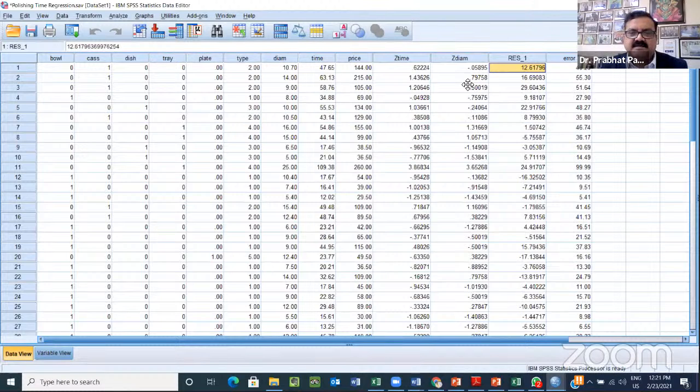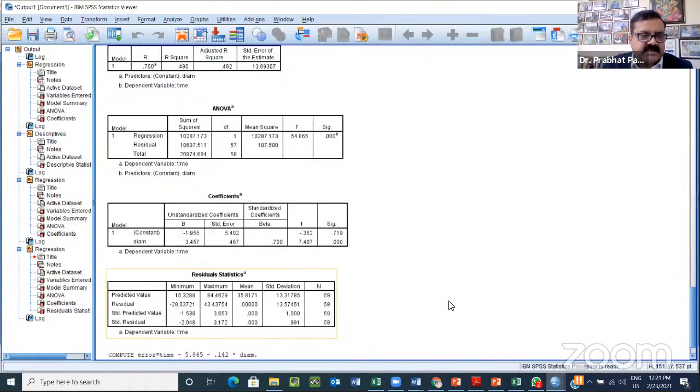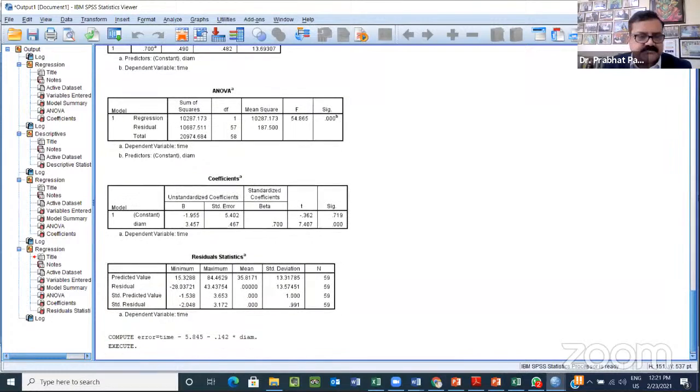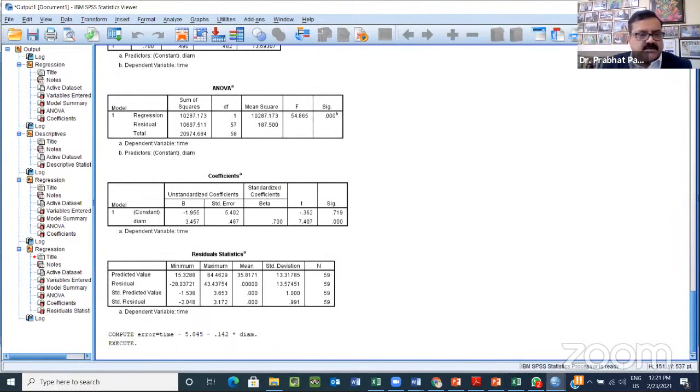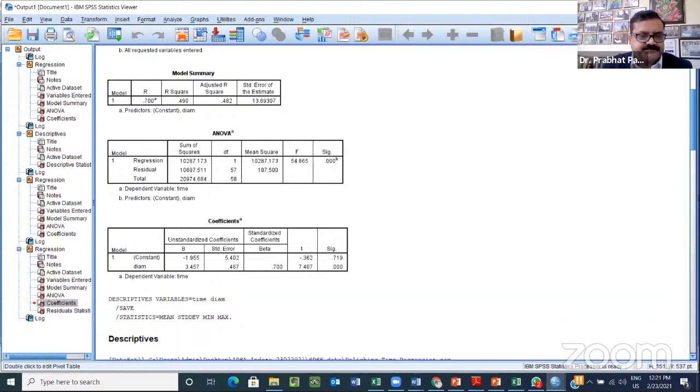Let me go back again and calculate. Did I take the right values? Was it 5 or was it this one? This was the original one.